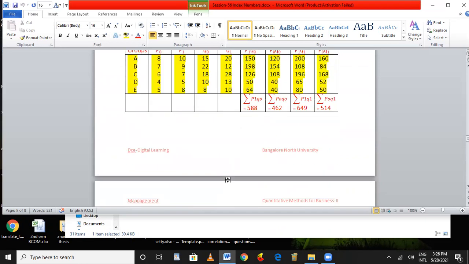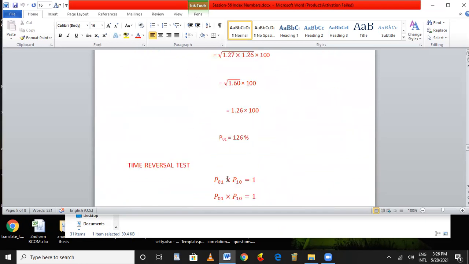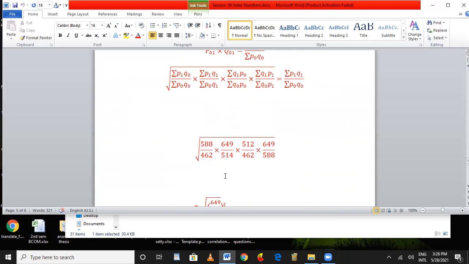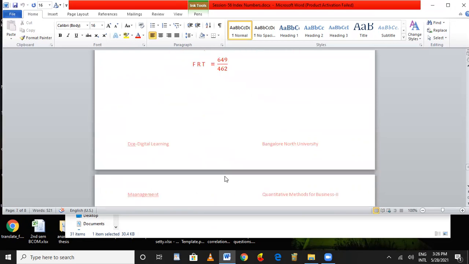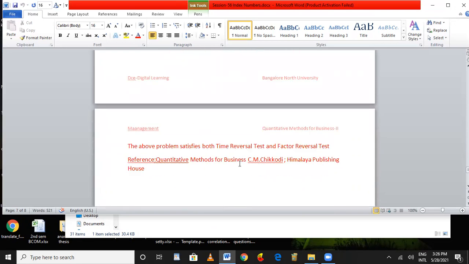So this problem also satisfies both the reversal tests. That's why Fisher's index number is termed as satisfying both the time reversal test as well as the factor reversal test.